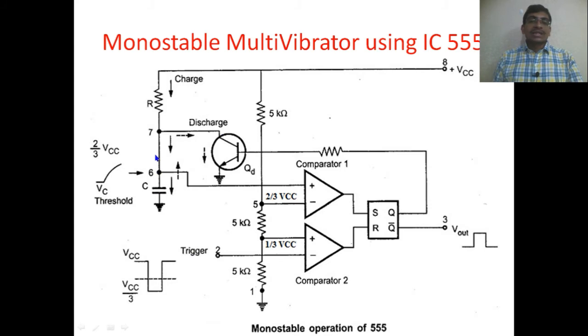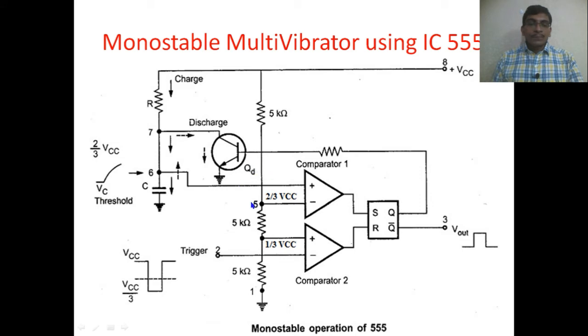The capacitor voltage will go like this, and then it will discharge through this transistor to ground. The entire voltage will be discharged to ground. But here, as we have no resistor between the capacitor and ground, it won't take much time. It will discharge instantaneously, immediately.